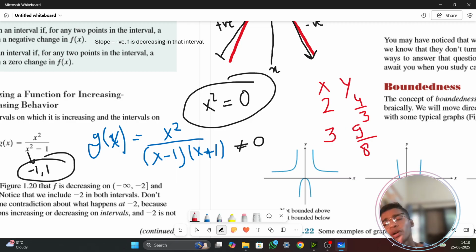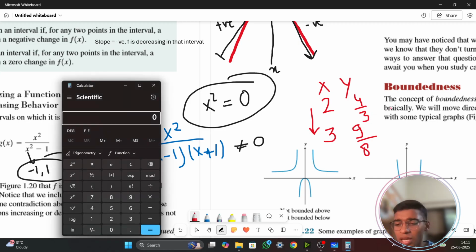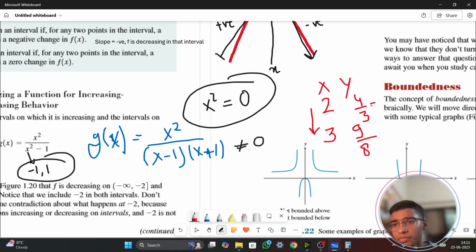So now these two values are roughly telling me something. For my x increasing, is my y increasing or not? For that, you just need to use your calculator, or in short, you can just calculate roughly also. 4 by 3 is equivalent to 1.33.